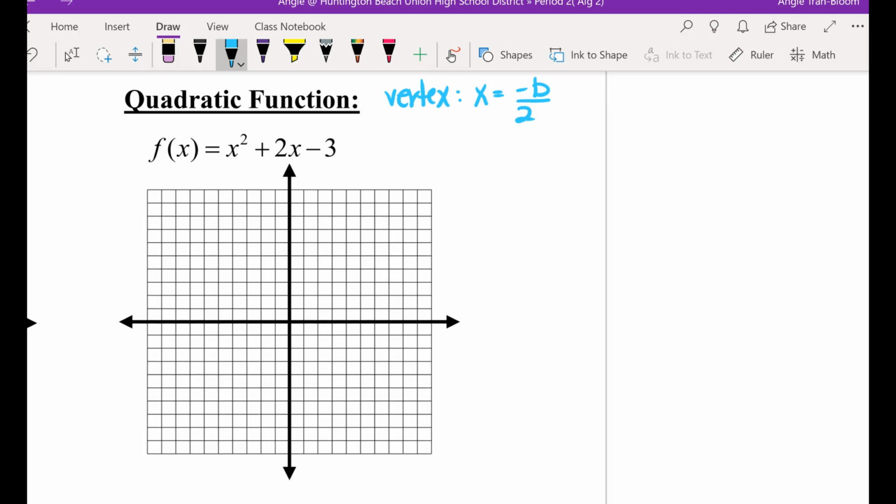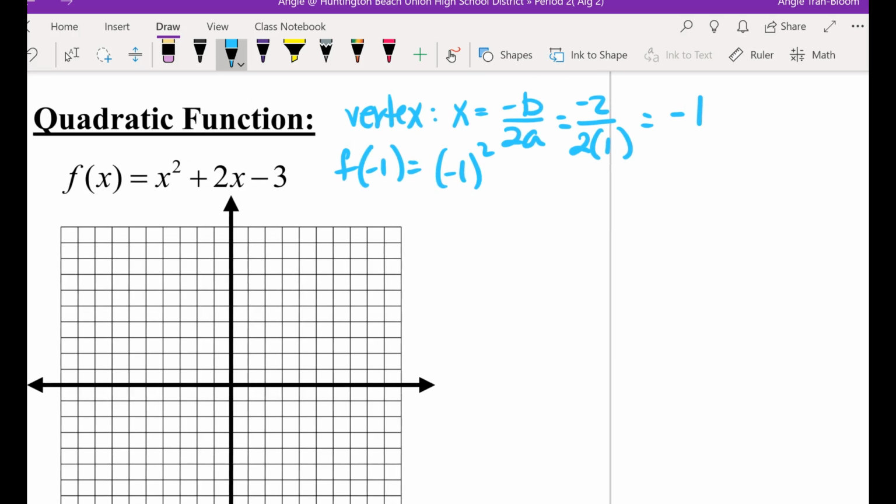2 times a. Okay, what's your b value here? 2, so negative 2. What's your a value? 1. So what's your x coordinate? Negative 1. How do I get the y coordinate of our vertex? Plug it in. So f of negative 1 is quantity negative 1 squared plus 2 times negative 1 minus 3.